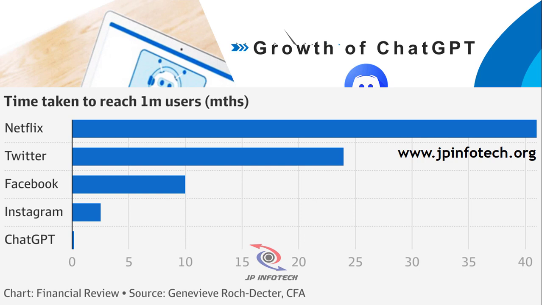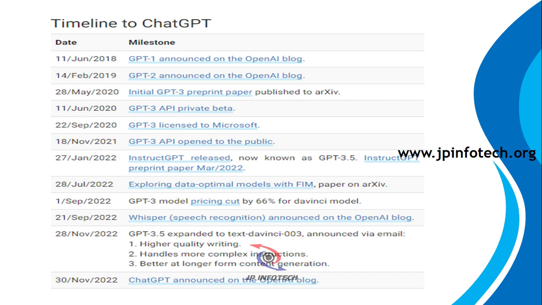Instagram took 2.5 months to reach 1 million, Spotify took 5 months, Facebook took 10 months, and Netflix took 3.5 years to reach the same number of users as Chat GPT. So you can know how well this Chat GPT is performing.